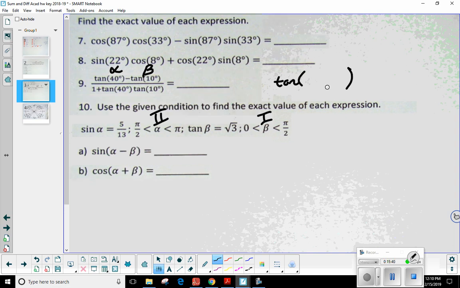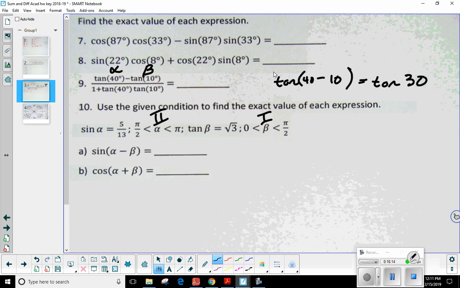But would this be a plus or a minus? Minus. One thing about tangent: whatever operation you had, you keep it in the numerator, but the denominator takes the opposite. So this is actually tangent of 40 minus 10, which is tangent of 30. And 30 degrees is a value that we can take care of on the unit circle.